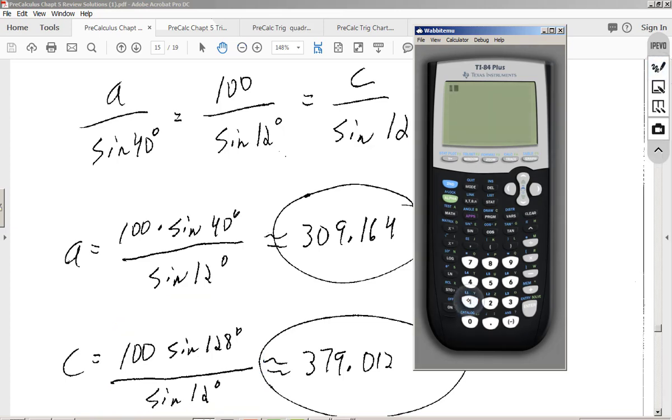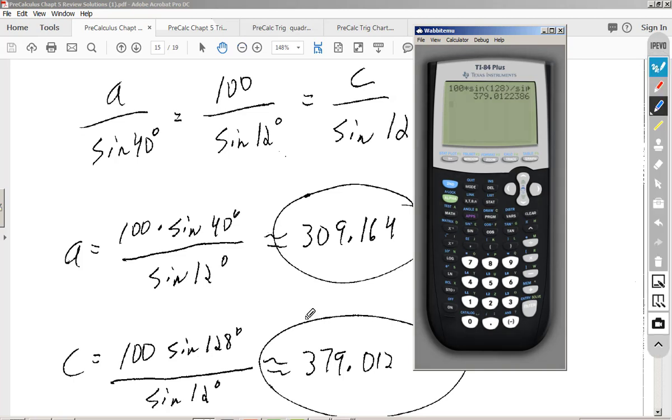Just take your calc and type in 100 times the sine of 128, and then go ahead and divide that by the sine of 12. And then you've got your answer of 379.0122. So that's how you do number 16.